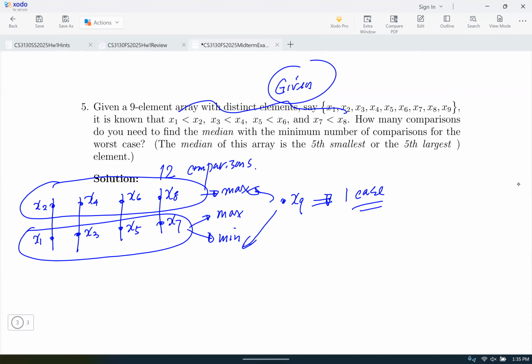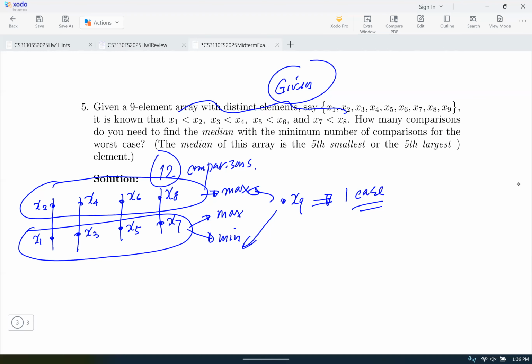So many students give me the correct answer, very close to this correct answer of 12. Some 11, some 10, very close. But the method is not quite right. So they use X9, then do comparison: assume X9 is less than some number, then less than the other number, then X9 is the solution.